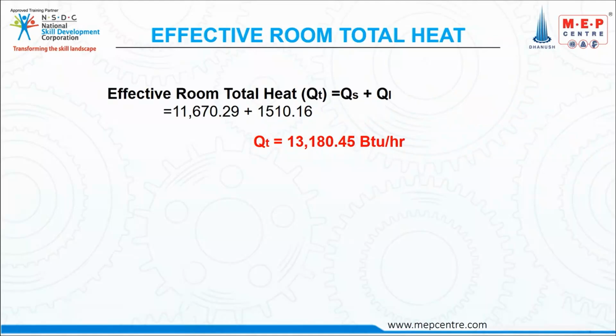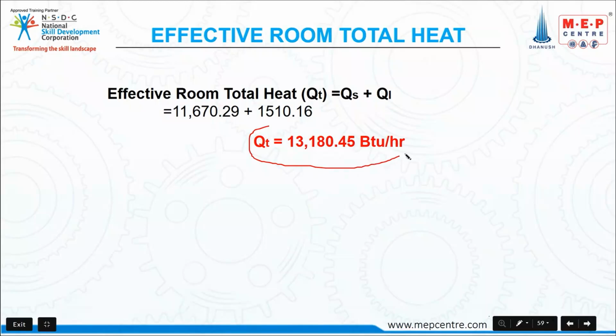Therefore, effective room total heat equals effective room sensible heat plus effective room latent heat, which equals 13180.45 BTU per hour. So now this much heat is coming into our room. We are getting this much heat in the room.